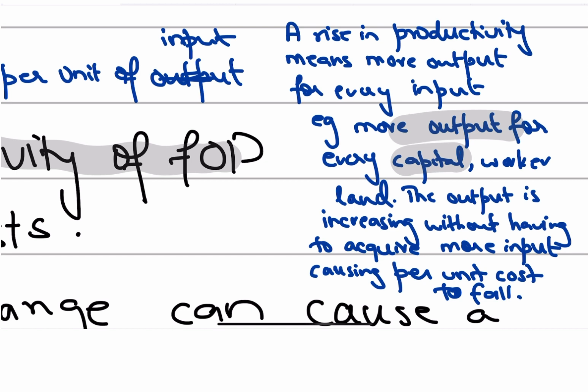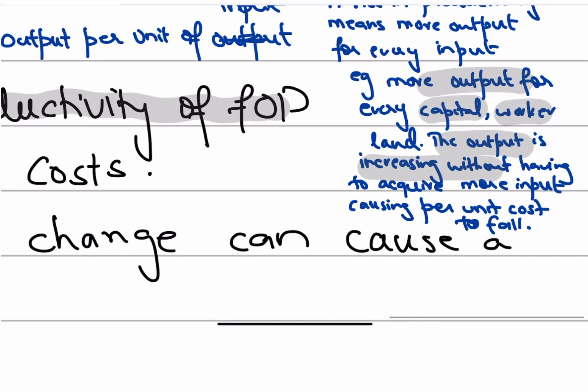If it's a restaurant, more output for every oven, more output per square meter of land, more output for every worker. So the output is increasing without having to acquire more factors of production, more input, which will cause your per unit costs to go down.